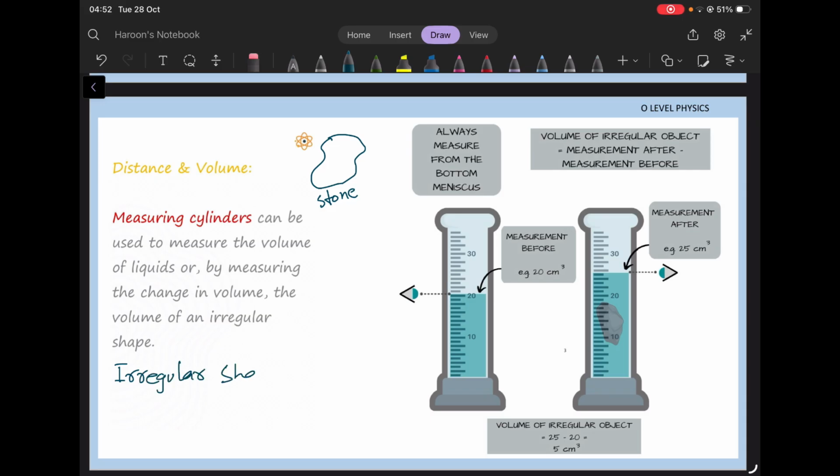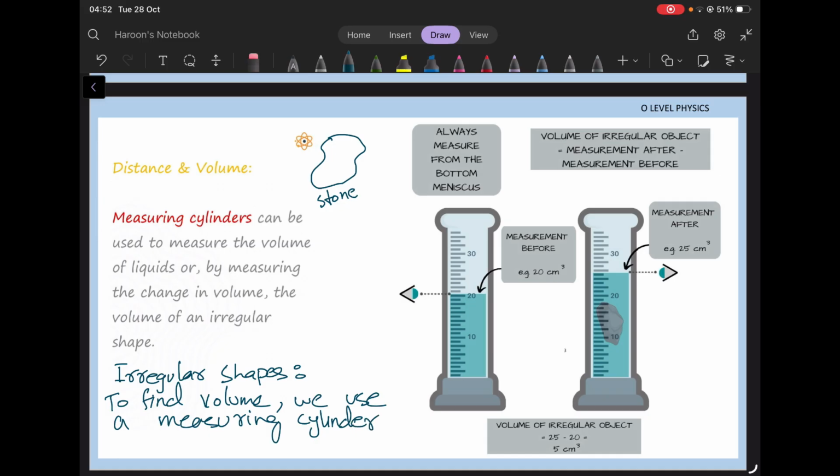Irregular shapes, to find volume, we use a measuring cylinder. And the name of this process is basically displacement of water. This is your displacement of water method.